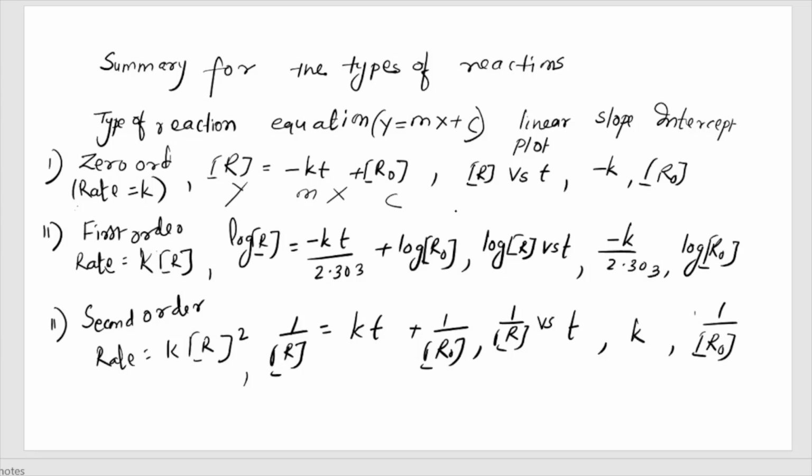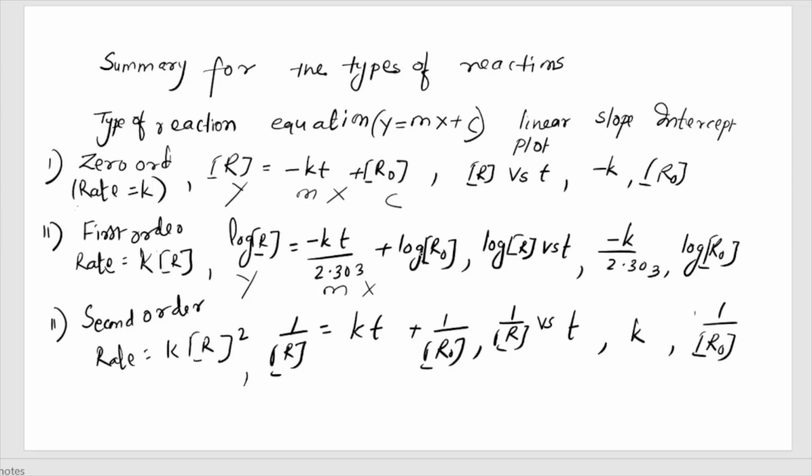First order reaction, rate equal to KR. R means the concentration of R at a particular time. So log R equals minus KT by 2.303 plus log R0. That means log R is the value of Y, minus K by 2.303 is M, X is the time, and log R0 is the intercept. So what graph will you draw here?